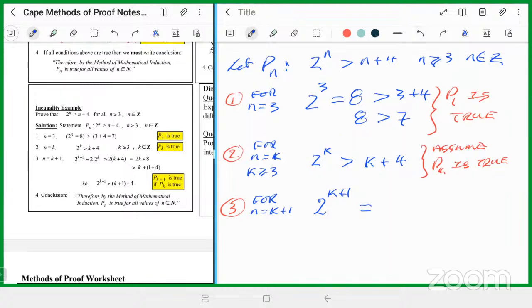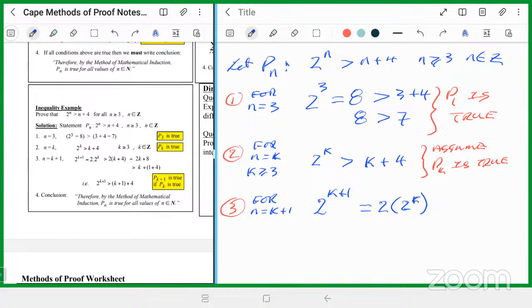All right, now what is this equal to? It would be good if I can pop out the 2 to the k out of this. So see here now it is equal to 2 times 2 to the k. Remember now that this statement is that 2 to the k is greater than this. And now we have 2 times 2 to the k.